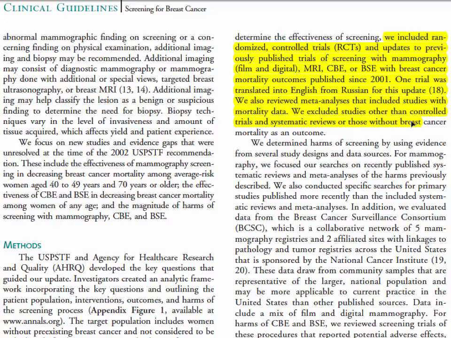They also write, "We also reviewed meta-analyses that included studies with mortality data, and we excluded studies other than controlled trials and systematic reviews, or those without breast cancer mortality as an outcome." These seem like reasonable inclusion and exclusion criteria, but it is important to note that the age range was women from 40 to 69, and the screening interventions were mammography, MRI, clinical breast exam, and self-breast exam.